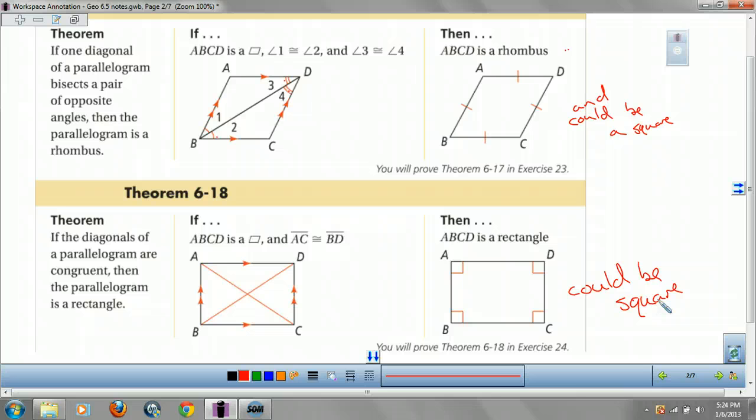But not all rhombuses are squares. A square also has 4 right angles, which makes it a rectangle. But not all rectangles are squares. Okay? So if a theorem holds true for a rhombus, it holds true for a square. If a theorem holds true for a rectangle, it also holds true for a square. Okay?